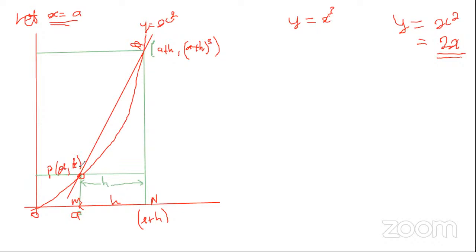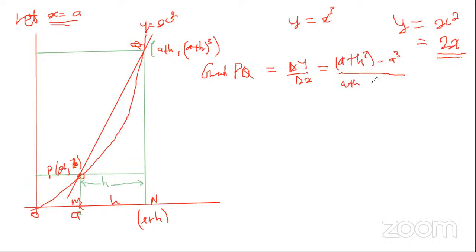So the gradient is equal to change in y over change in x, which would be (a plus h) to the power 3 minus a to the power 3, divided by a plus h minus a. What do we get when we expand a plus h to the power 3?